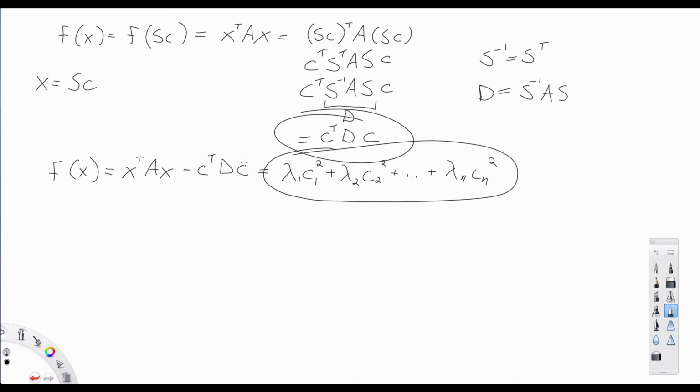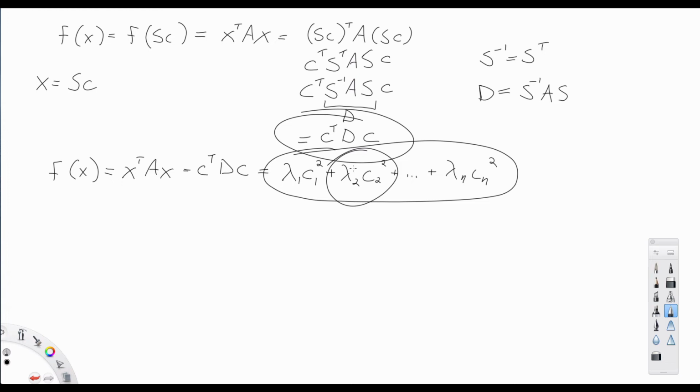In other words, if we look at, say, c2 and change it, it is going to influence f of x in a particular way, no matter what the values of c1, c3, all the way up to cn are. These are independent variables. And this helps us to understand the nature, the shape, the characteristics of this quadratic function in a much more general way.